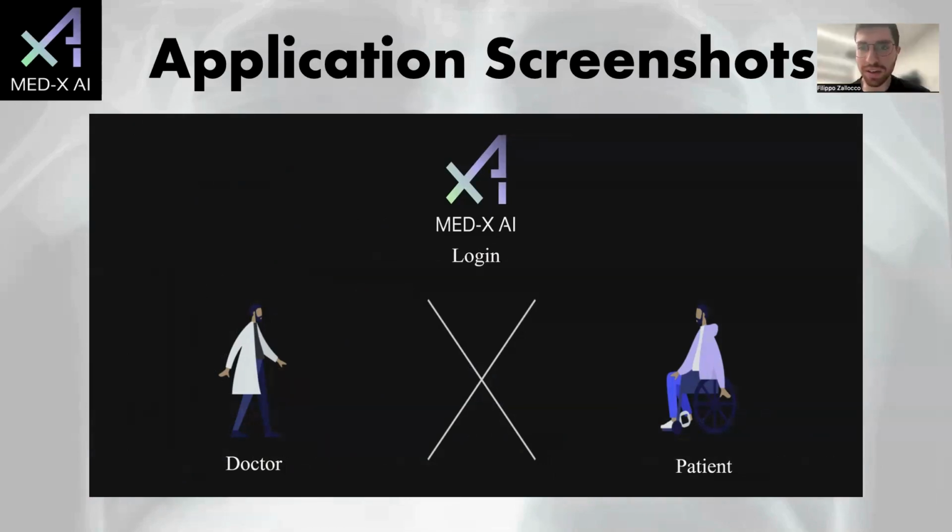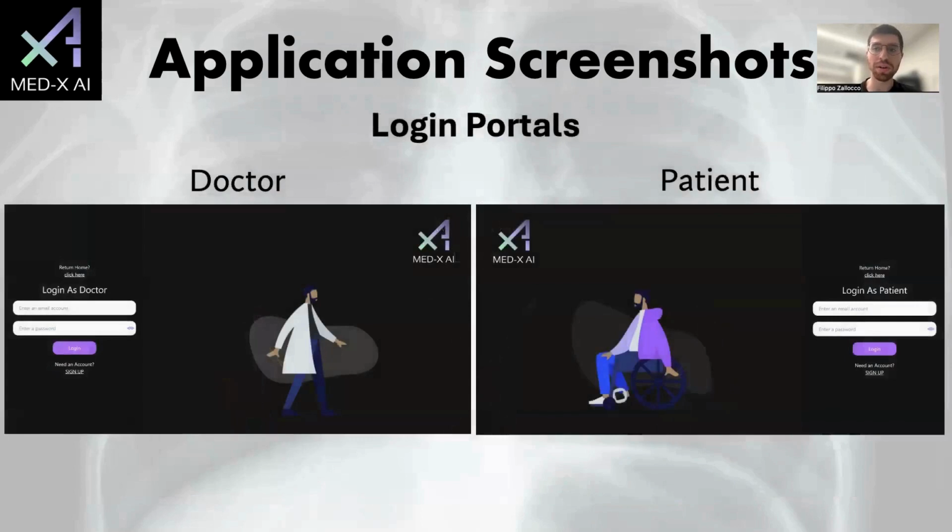The following is a series of screenshots representing the user's journey across the application and the software engineering that made the MedX project possible. We begin with the login page, offering two options: signing in as a doctor or as a patient. Upon clicking either option, the page prompts the user to enter their credentials, email and password respectively.